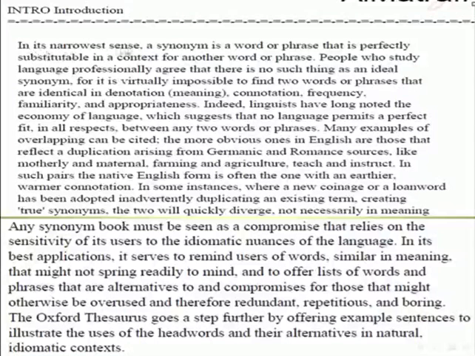In its narrowest sense, a synonym is a word or phrase that's perfectly substitutable in a context for another word or phrase. People who study language professionally agree that there is no such thing as an ideal synonym, for it's virtually impossible to find two words or phrases that are identical in denotation, meaning, connotation, frequency, familiarity, and appropriateness.